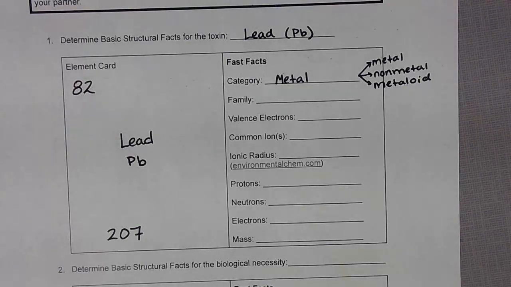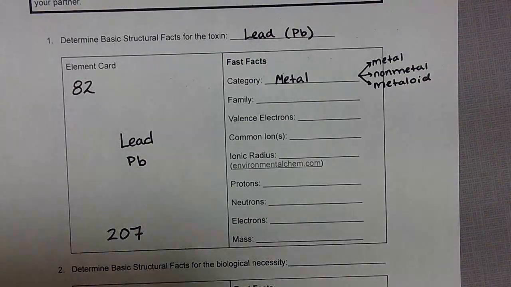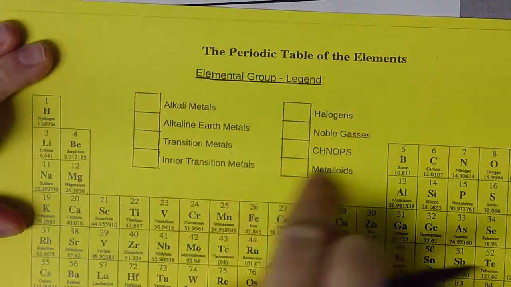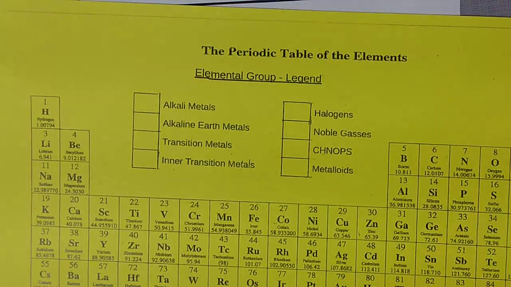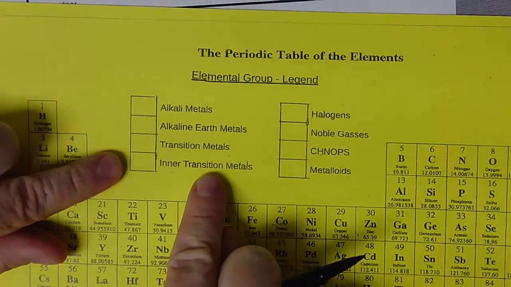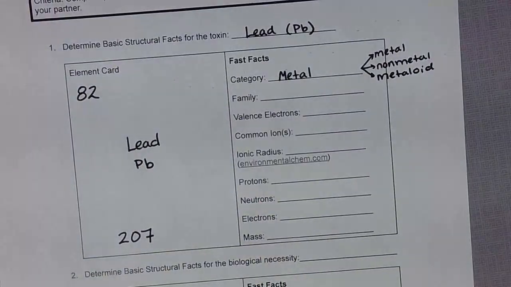The color coding you've done has also already identified the family name, which is going to be one of these up here. So every element can fall into one of these categories. Lead we have already colored in. It is an inner transition metal.